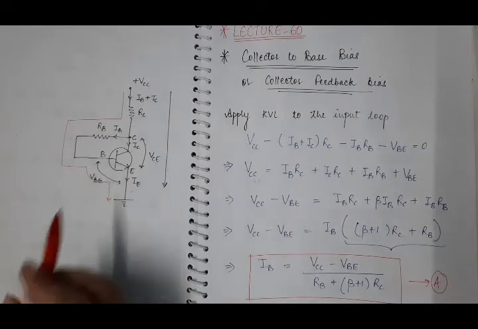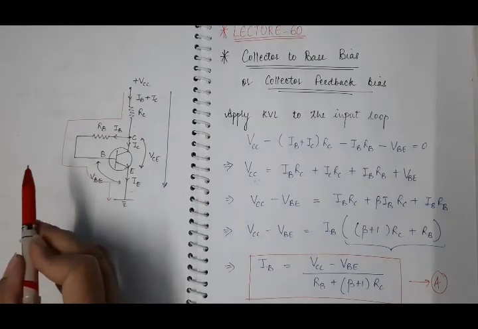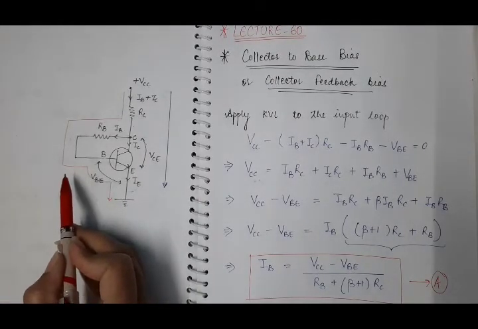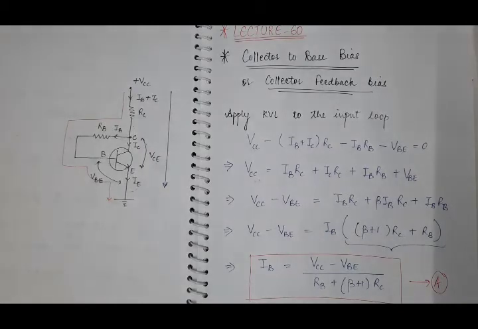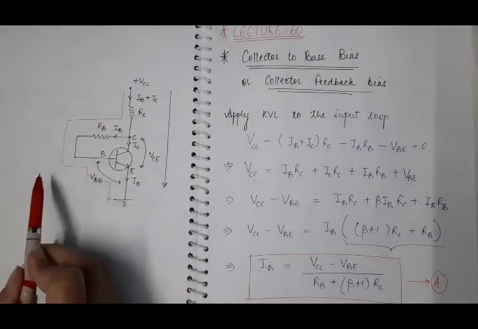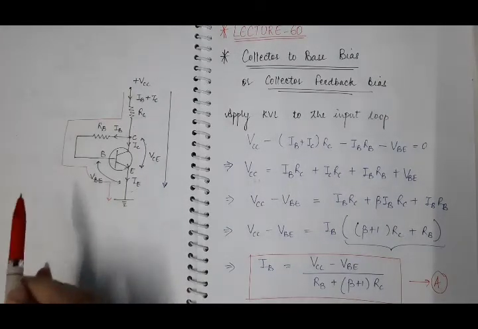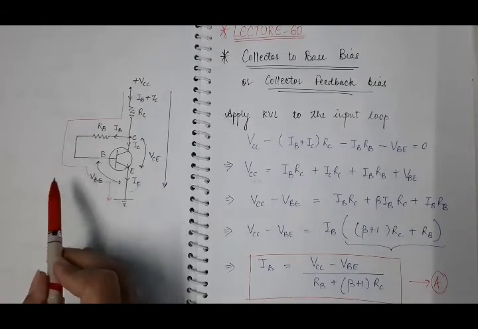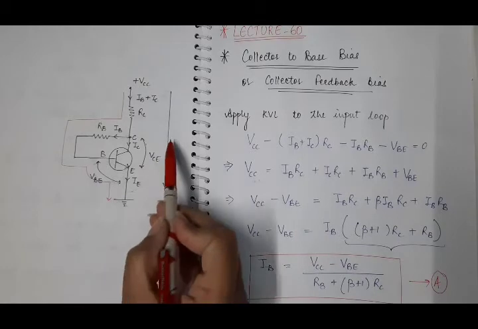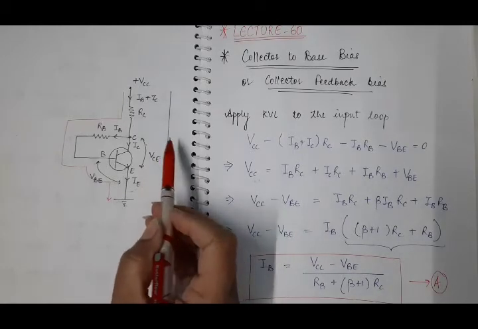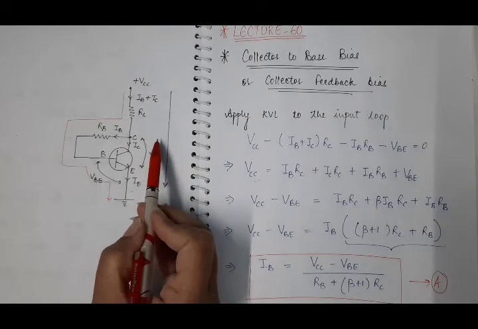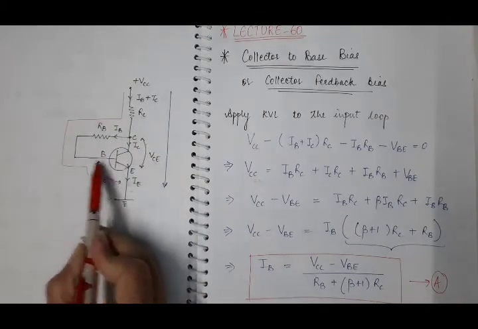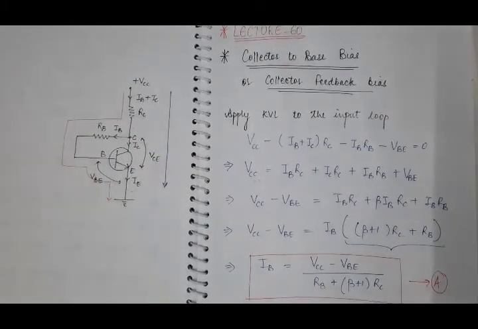Why? Because if you are providing any input AC signal to this common emitter amplifier, suppose it is having its positive half cycle. During that positive half cycle, its output will be negative half. And when a portion of that negative half is given back to the input, it will act as a negative feedback.